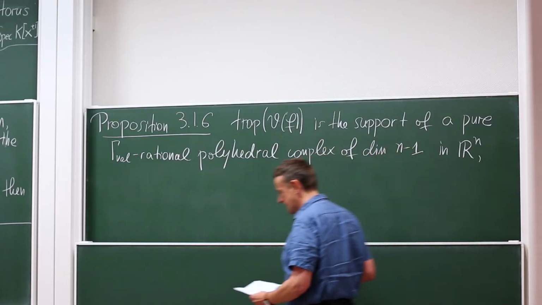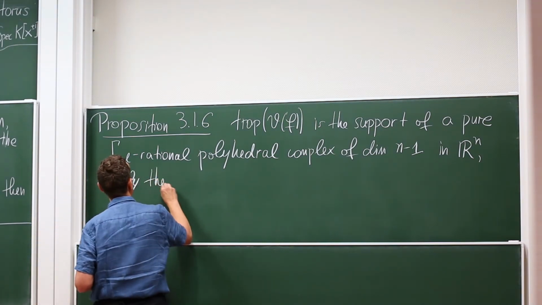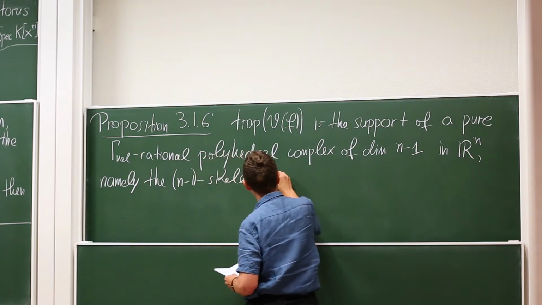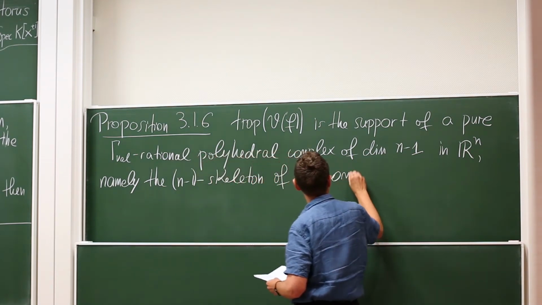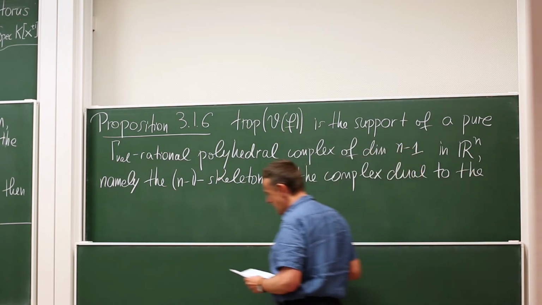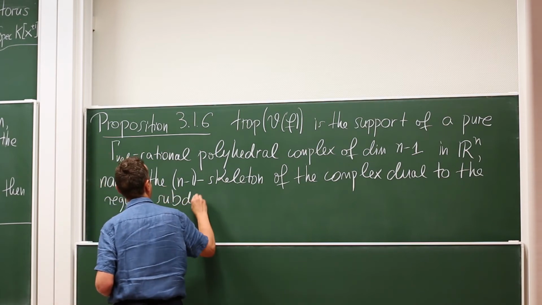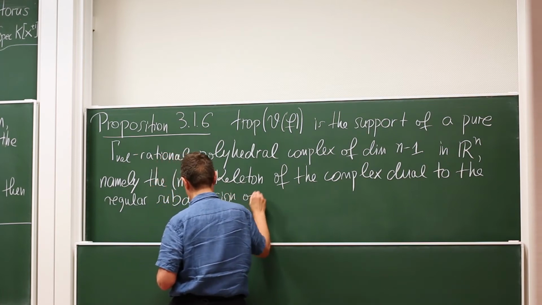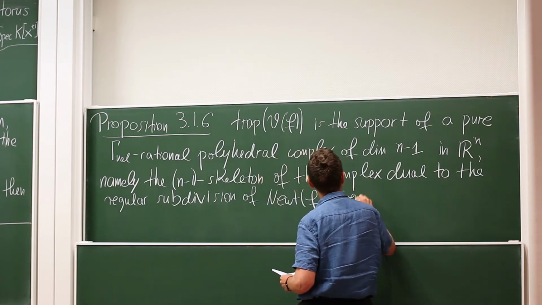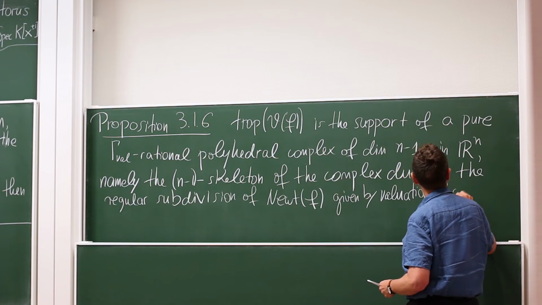We can say exactly what this is, namely, it is the n minus 1 skeleton of the polyhedral complex that is dual to the regular subdivision of the Newton polytope of f given by the valuations of the coefficients.